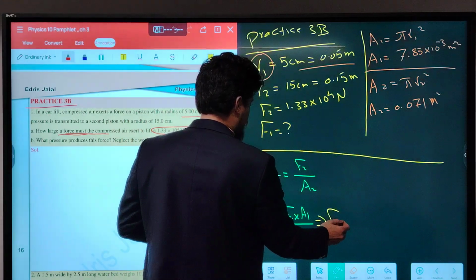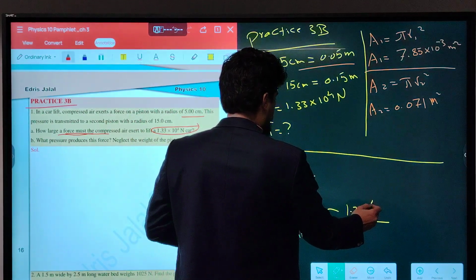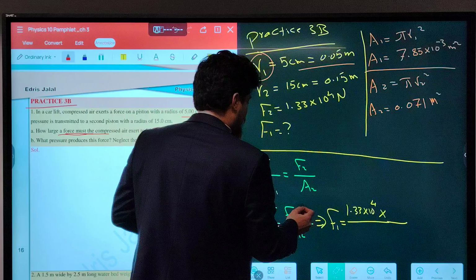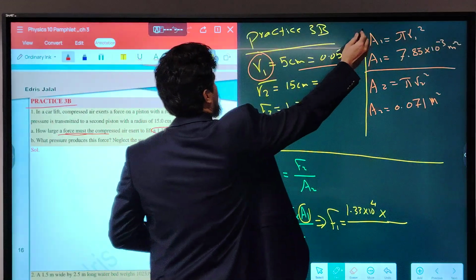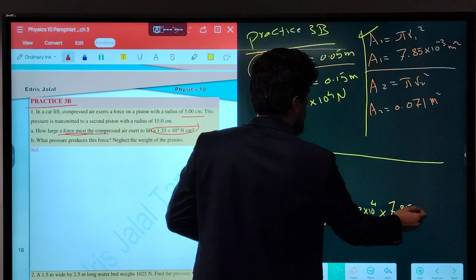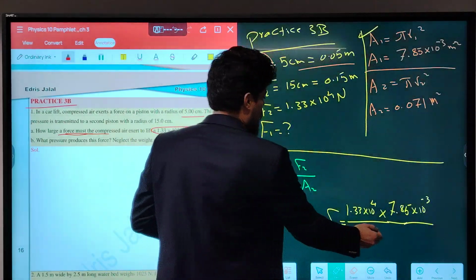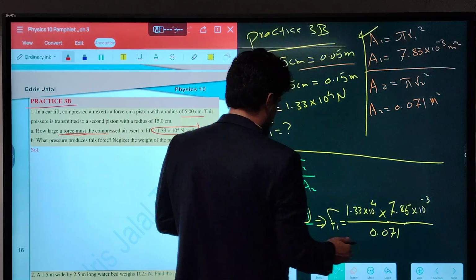we can replace. F1 is equal to what? F2, 1.33 times 10 power 4. Do we have A1? We didn't have, but we found A1, 7.85 times 10 power negative 3 over A2, 0.071.